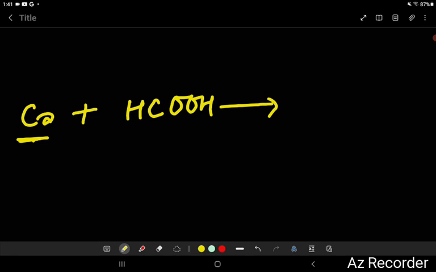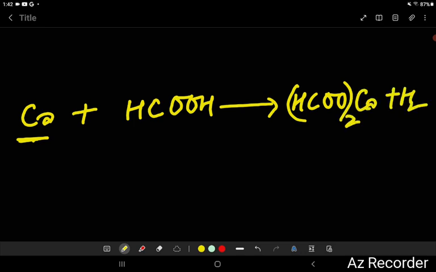Formic acid will form formate, (HCOO)2Ca plus hydrogen gas. By balancing you have to utilize 2 here. This was the first reaction. What you are observing is that when any acid reacts with metal you will get hydrogen gas and salt. The salt will form according to the acid, and hydrogen gas will form.